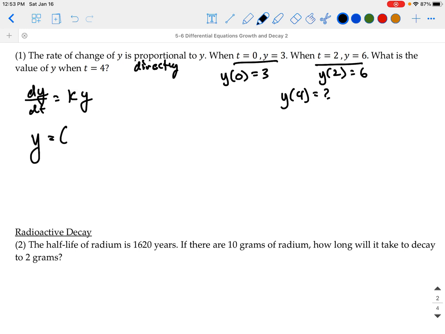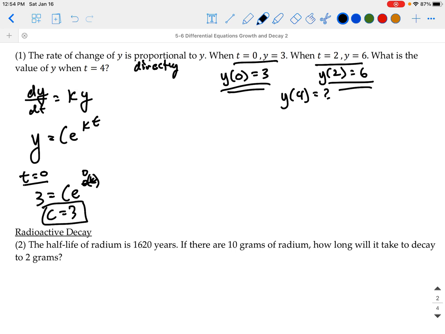So then we know that y is equal to ce to the kt, and now we can use our two given values of y to solve. So we know that at t equal to 0, we're going to get 3 is equal to ce to the 0 times k, which is just 0, which means that c is equal to 3. So that's pretty easy.